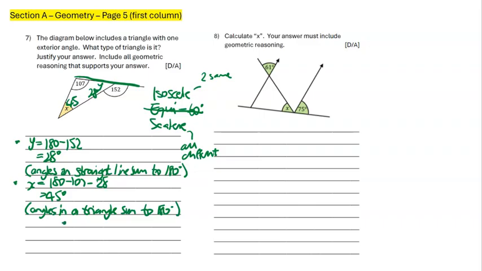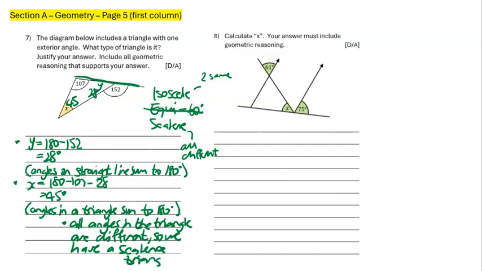My final point: all angles in the triangle are different, so we have a scalene triangle. This question seems rough for achieved, but in reality all we applied here was a straight line rule and a triangle rule.